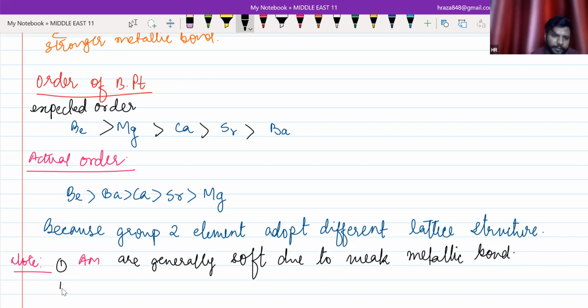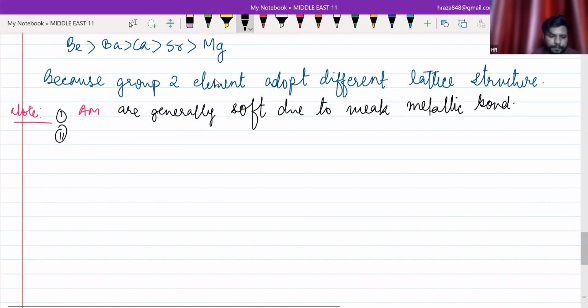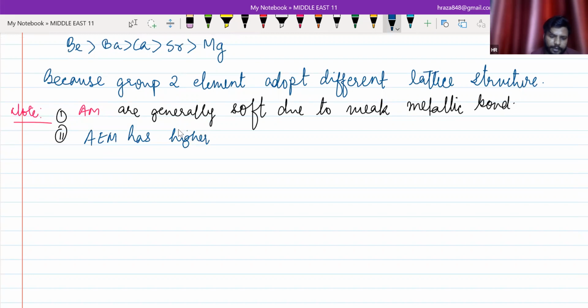Second point we can write, alkaline earth metal has higher melting point, boiling point, or density than alkali metal because it has a smaller size.